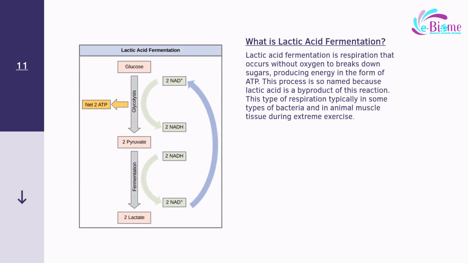Now that you know what anaerobic respiration is, let's talk about lactic acid fermentation. Lactic acid fermentation is a form of respiration where, without oxygen, sugars like glucose are broken down to produce ATP. This process is called lactic acid fermentation because, if you can guess, one of the byproducts of this reaction is lactic acid, or lactate.